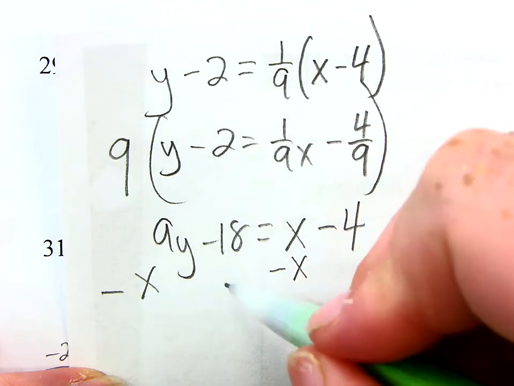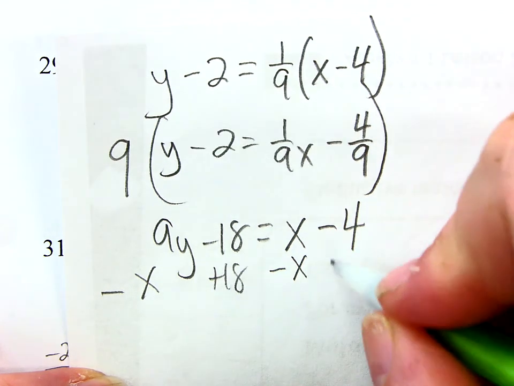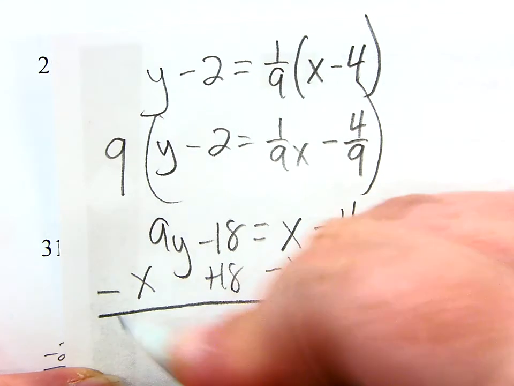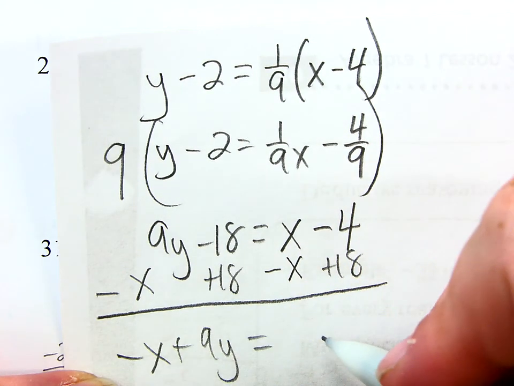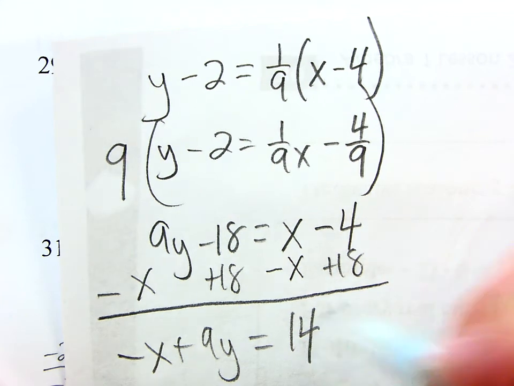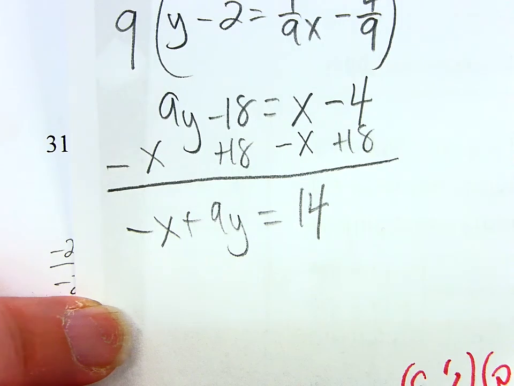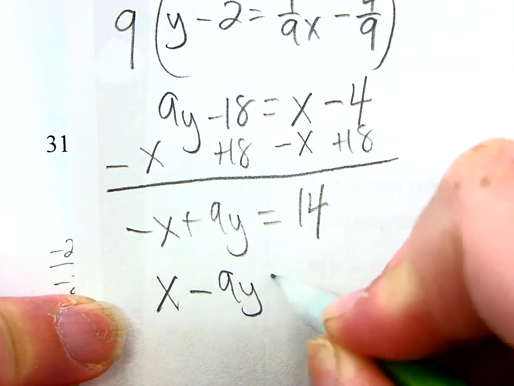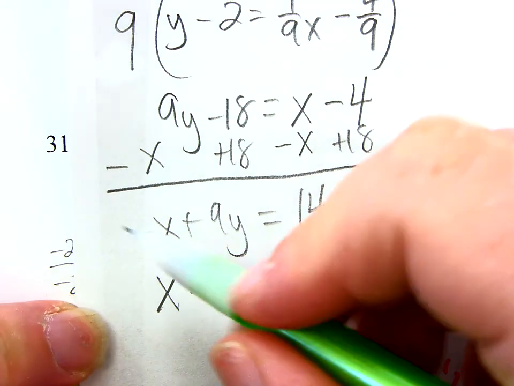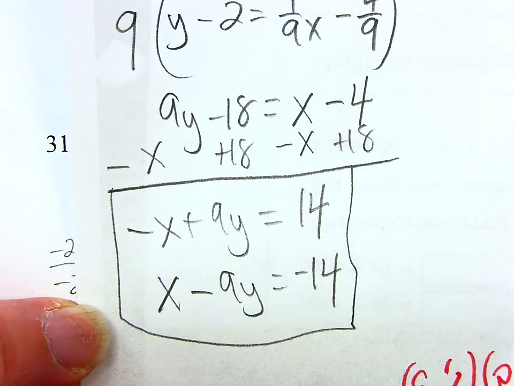I'm going to minus that x over, and I'm going to add the 18 over. And I'm done. Unless you want a to be positive, then it would just be x minus 9y equals negative 14. Either one. Hooray!